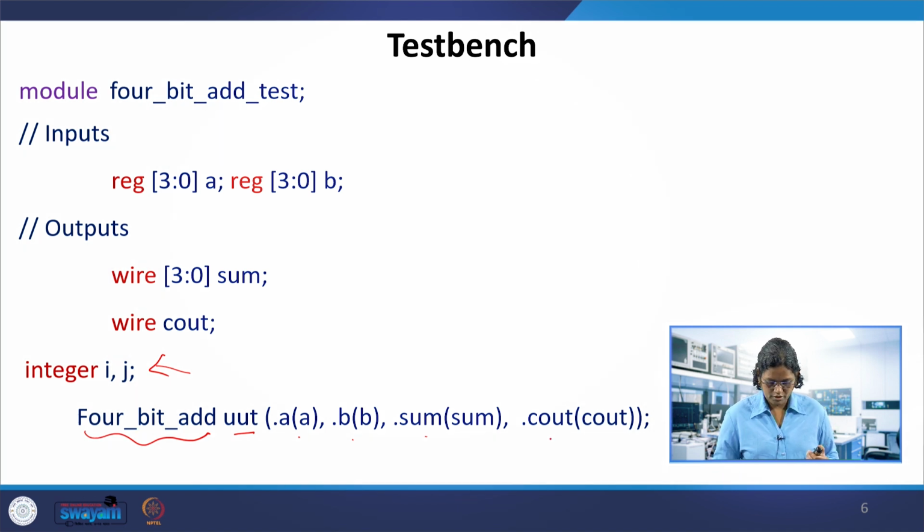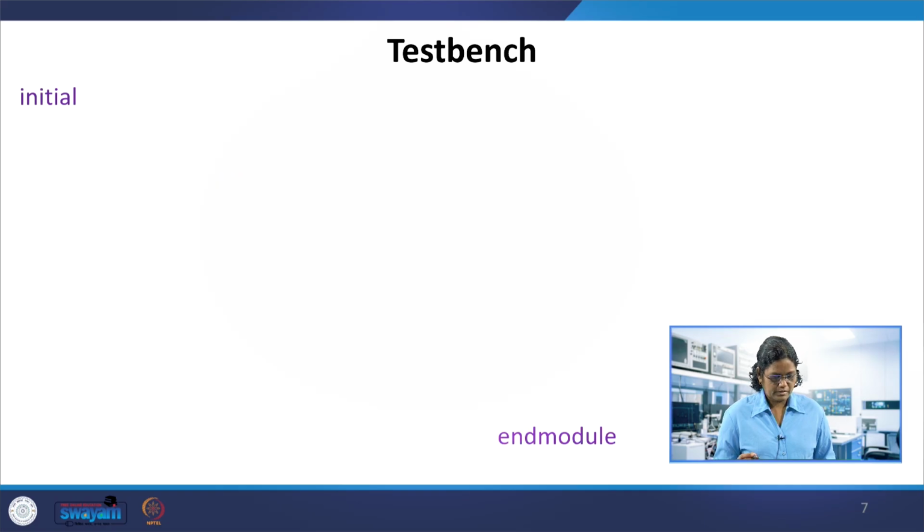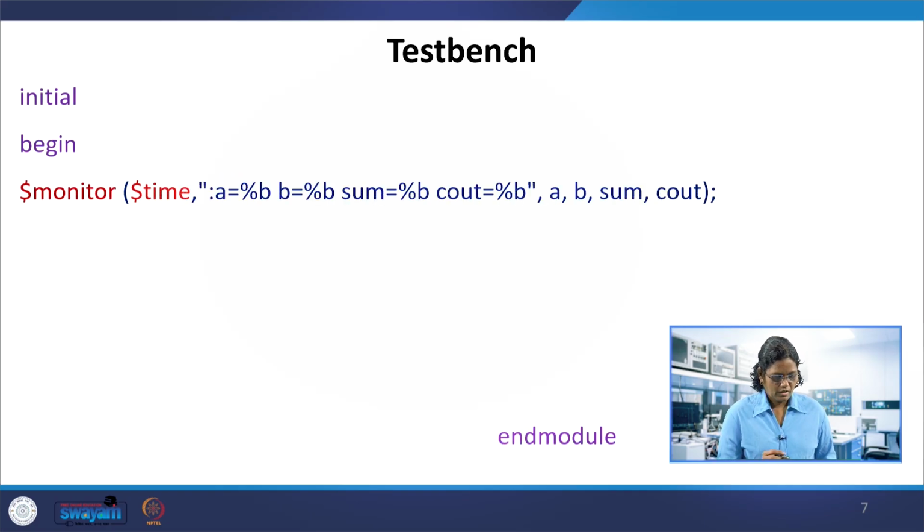You can see it is in the order in which it was defined. Then here is the initialization. We can also have the tasks to be done here: dollar monitor and dollar time, printing a, b, sum and cout.